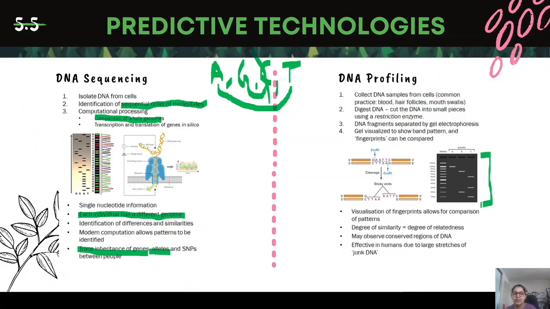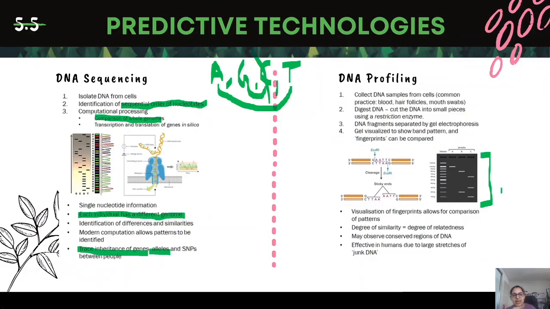Basically what happens is DNA travels from the positive end to the negative end, and as it travels, you can see similarities between the benchmark you put in here and the unique samples you put in here.